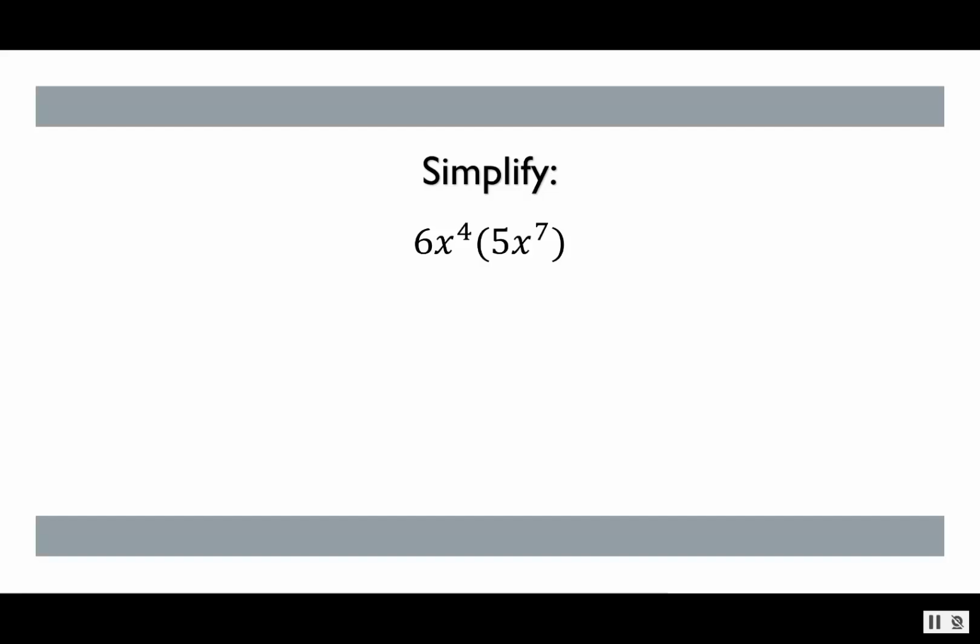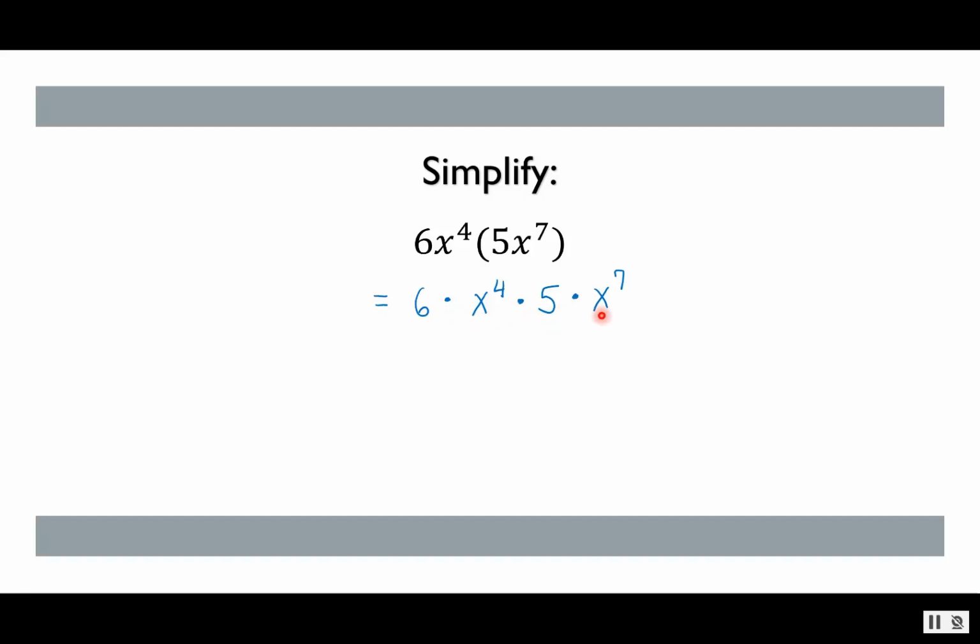In this problem, we are asked to simplify 6 times x to the 4th times 5 times x to the 7th. Let's write this problem a different way. Hopefully this will help us to simplify it. Let's write this expression as 6 times x to the 4th times 5 times x to the 7th.